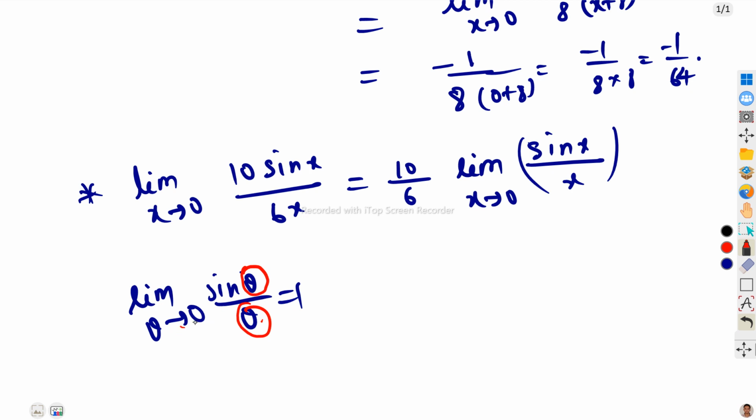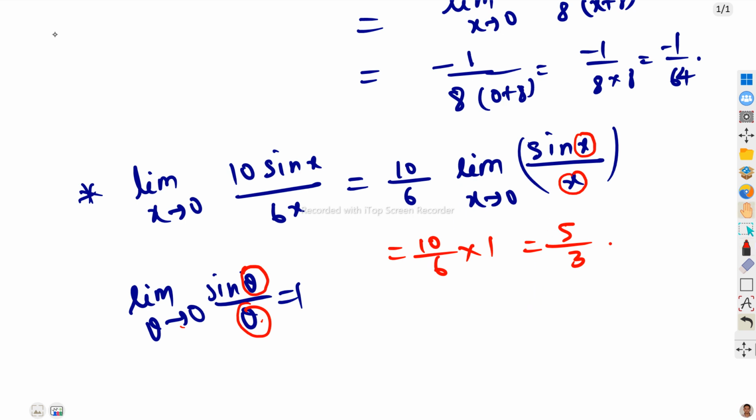Here x is the angle in both places, and this angle also goes to 0, so this equals 1, and the answer is 5 upon 3. So we have found the limit of the given problem.